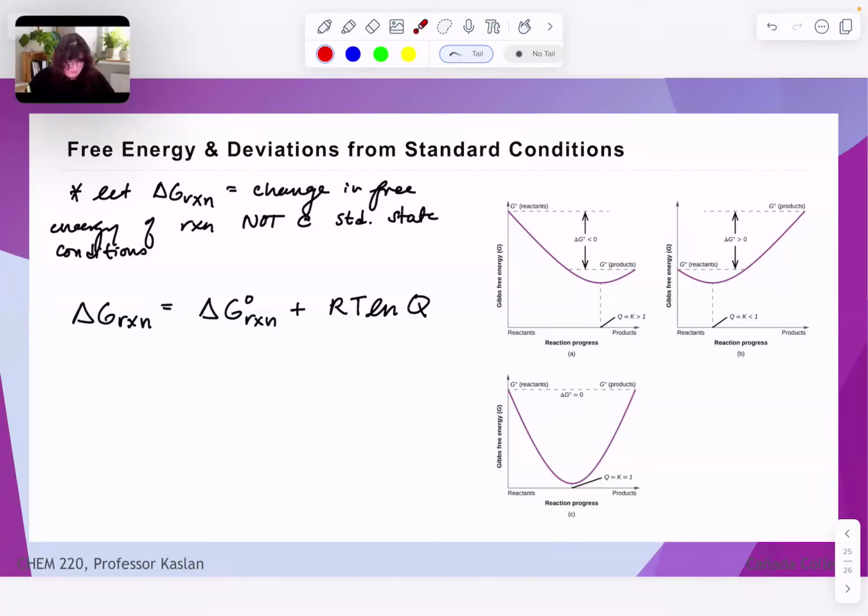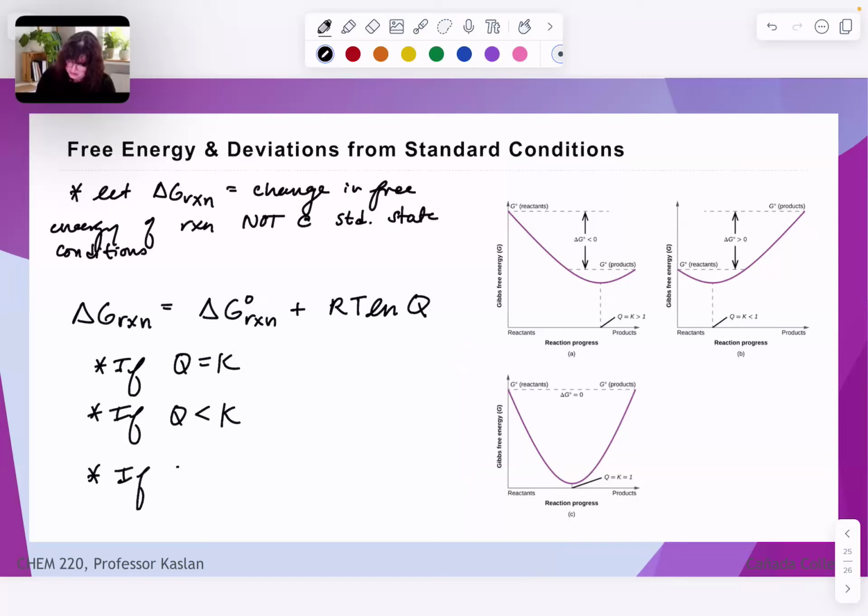So we are going to look at this diagram over here and think about what happens if Q is equal to K, if Q is less than K, and if Q is greater than K. So let's see here, Q is equal to K, that is this scenario here.